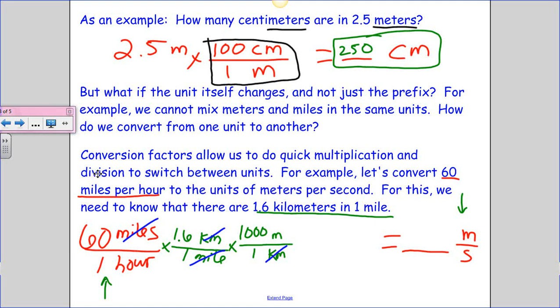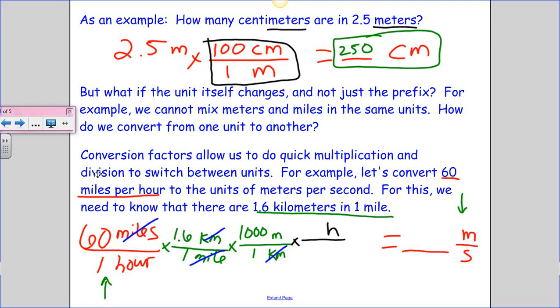But we still have the unit of hours on the bottom for time. We don't want that, we want seconds. So we need to convert from hours to seconds. Well, where is hours going to go? Because it's on the bottom in the beginning, we need it on the top over here so that it'll cancel. And how many seconds are in an hour? Well, that's pretty easy to figure out.